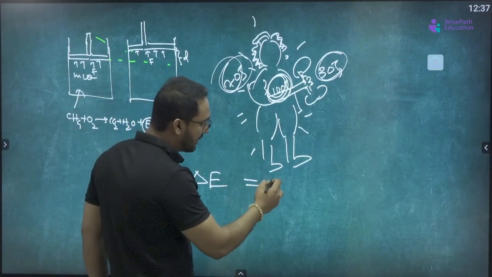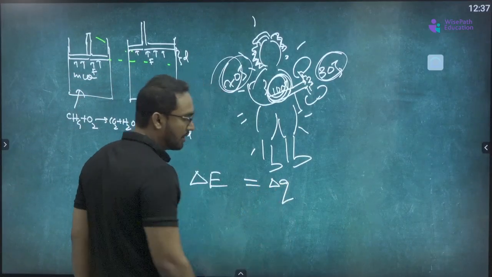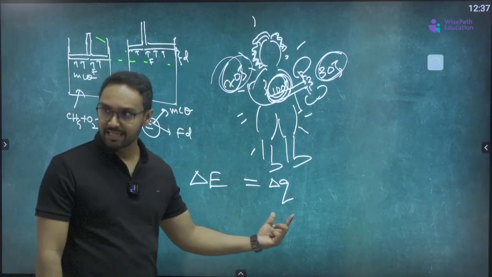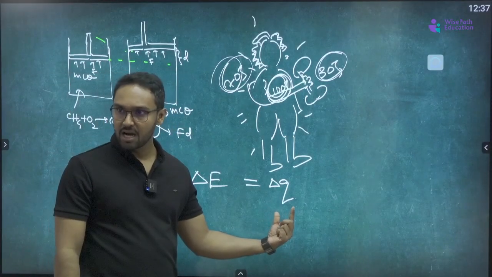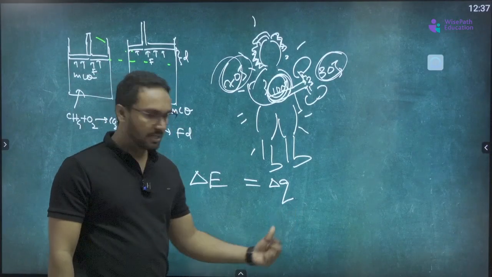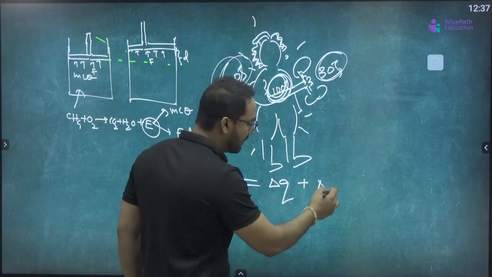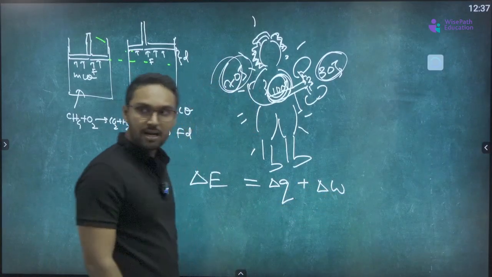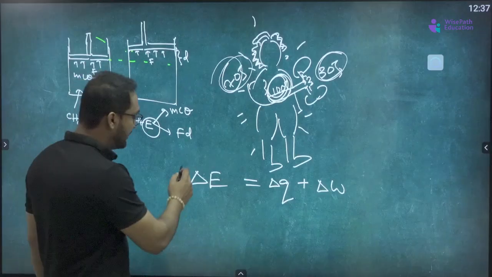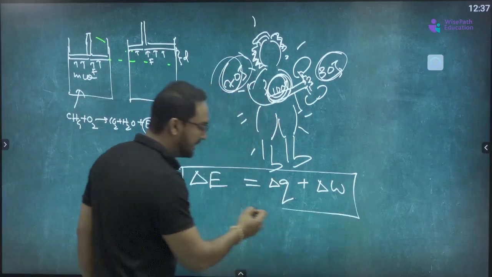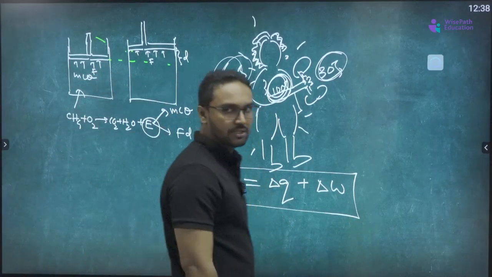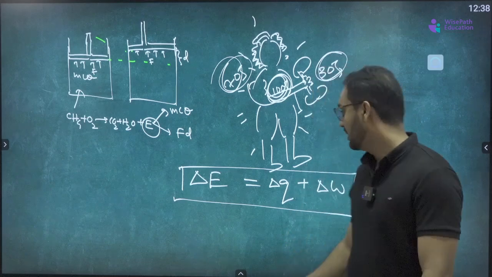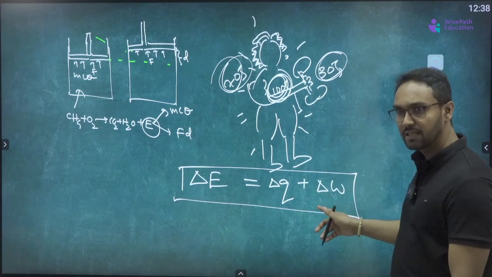As the heat release, we call it delta Q, plus the work done. Get it? So we can calculate this internal energy using these two things. What are these two things? The heat release and the work done.